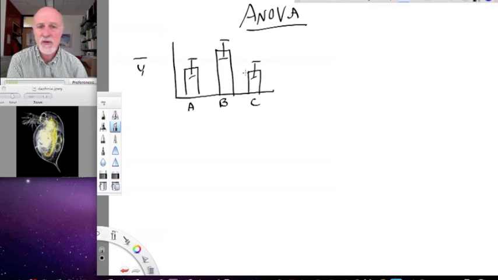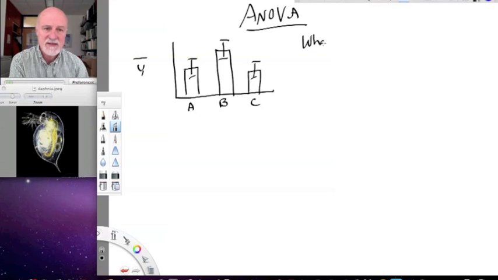Now, we aren't asking whether A differs from B, or whether B differs from C, or whether A differs from C. We are kind of asking, are any of the groups different from any of the others? But there's another way we can restate it, just like our second question before.